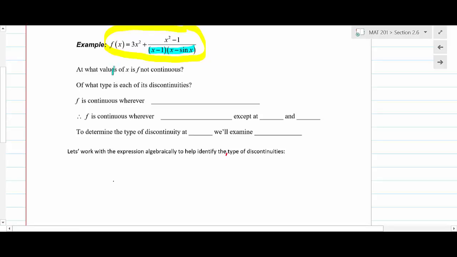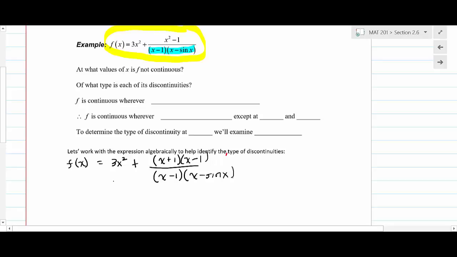So we're going to look at where it's continuous and where it's discontinuous. One thing that's going to be pretty important is that you factor that numerator. That numerator is a difference of 2 squares. So that factors as x plus 1 times x minus 1. Then you have x minus 1, and then you have x minus sine x.